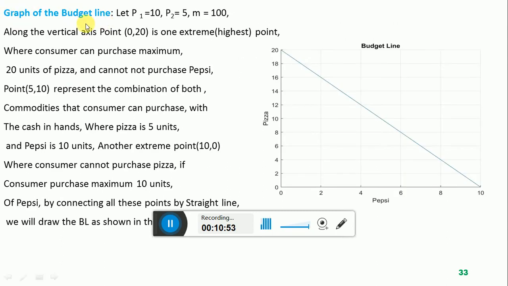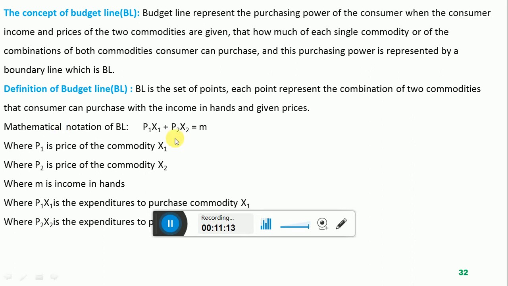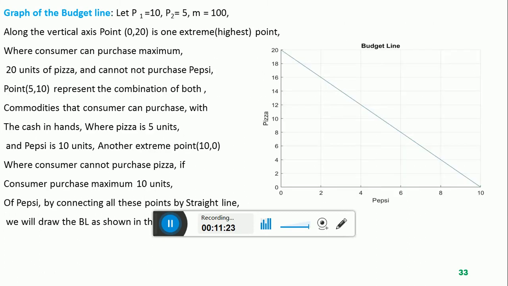Now we can graph the budget line by putting all these values in the mathematical formulation of the budget line. Suppose the price of the first commodity P1 is 10, the second commodity price P2 is 5, and the income in hand is 100. When we put all these values in this linear equation, we will find at least 2 and maximum 3-4 solutions, and then we can plot.